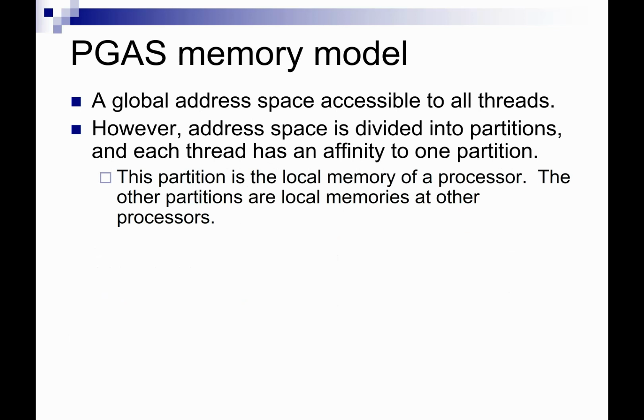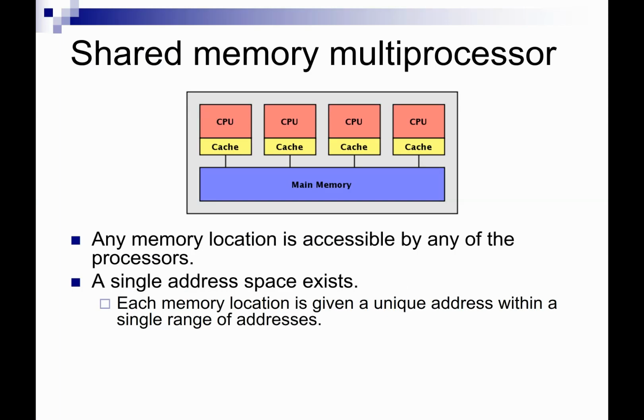So we have this global address space that all the threads can access, and then it's divided into partitions, and each thread has what's called an affinity to a partition. Let's go back all the way to the beginning of this lecture.